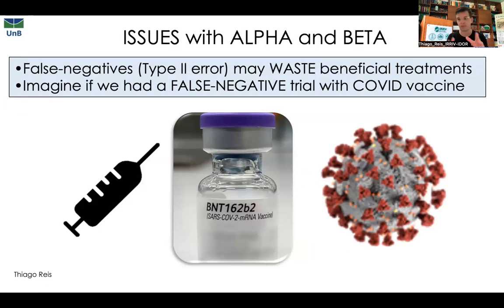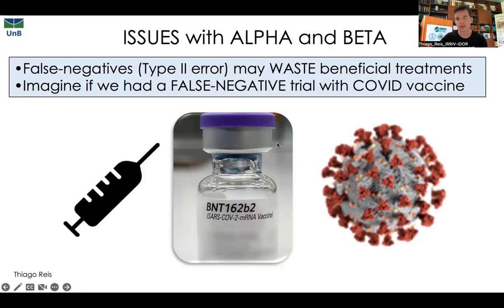So, for example, if our beta was 20%, we had a chance of 20% of the results being a false negative, even if the vaccine works. So imagine the situation in which we had a type 2 error, we would conclude that the vaccine does not work, and we would not give the vaccine to anyone.